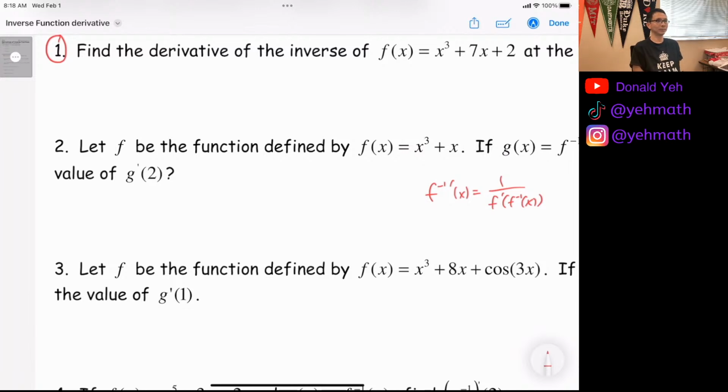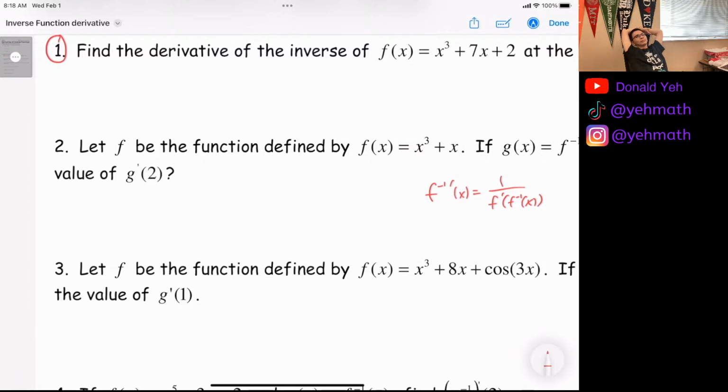There's the chain rule. Wait, does it matter? I got 1 over an even number, right? Yeah, I think so. That's a cool question.